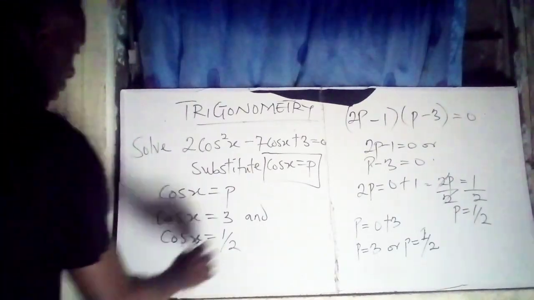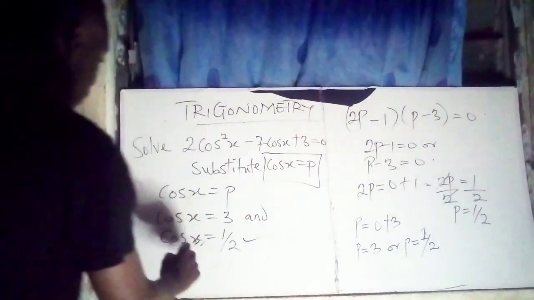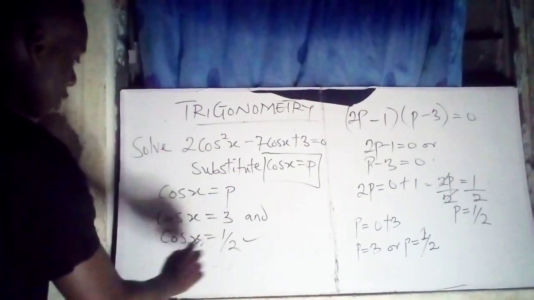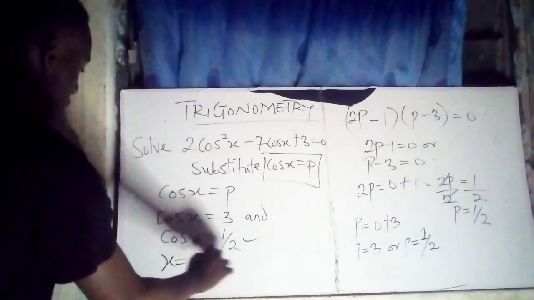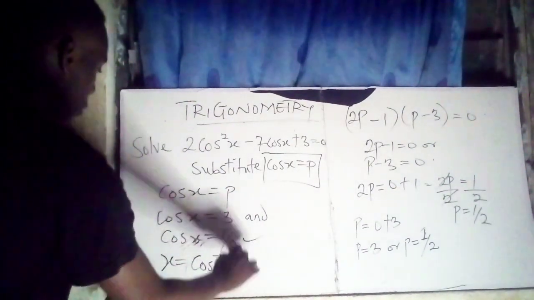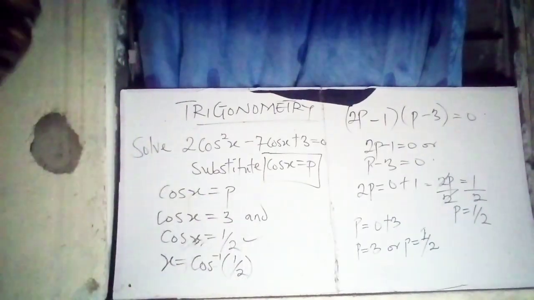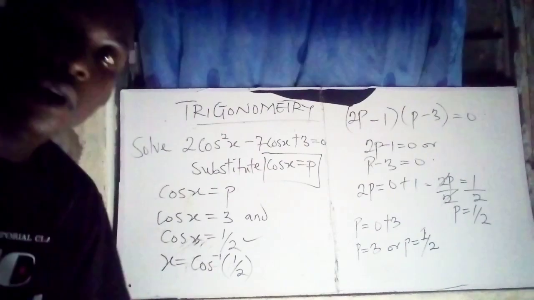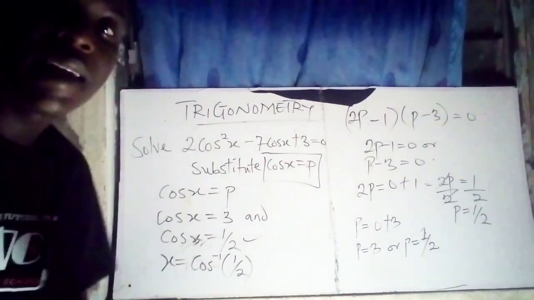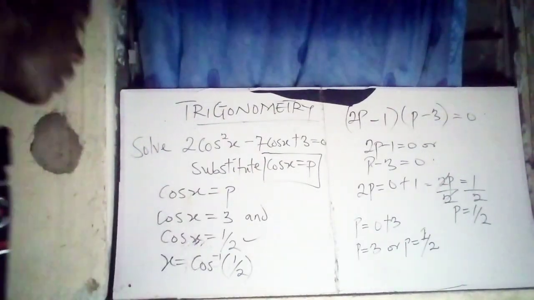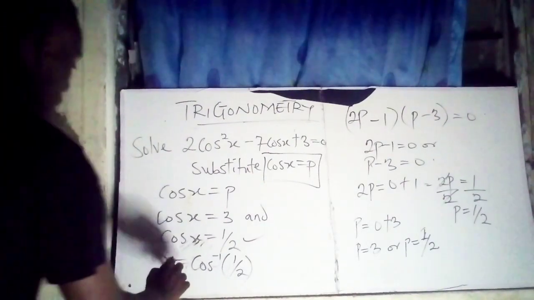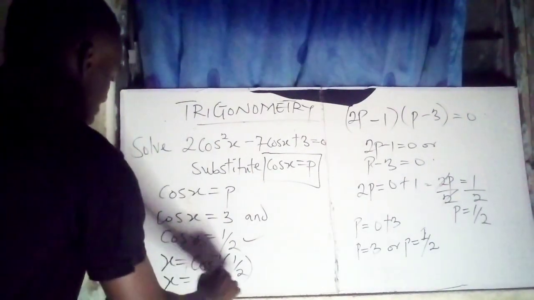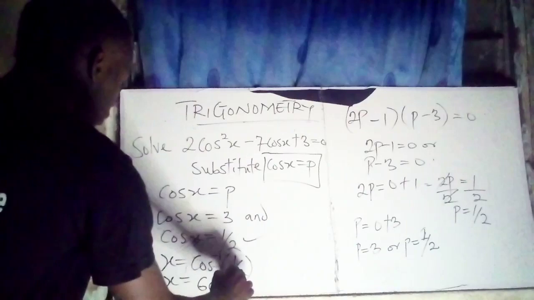To get x, it is going to be x equals cos inverse of 1 over 2. I have cos x to be 1 over 2, so to get x, I need to take the cosine inverse of 1 over 2. And the cosine inverse of 1 over 2 gives x equals 60 degrees.